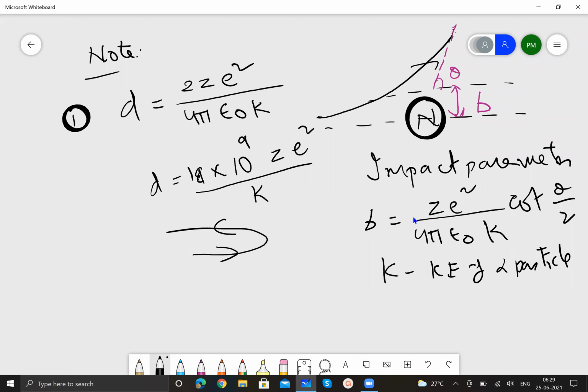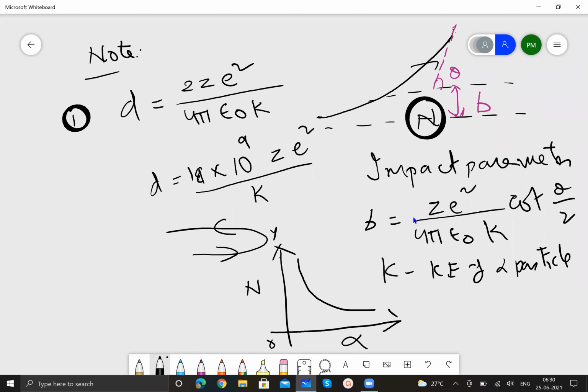A graph is also plotted. Rare chances are there to get this. The number of alpha particles getting scattered is taken on the y-axis, and the scattering angle is taken on the x-axis. So this was the graph, a rectangular hyperbola. Not much explanation is needed for us, only just reference.